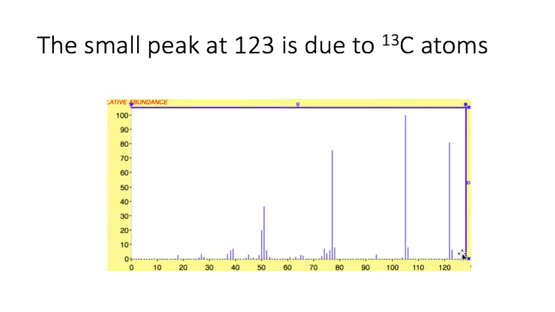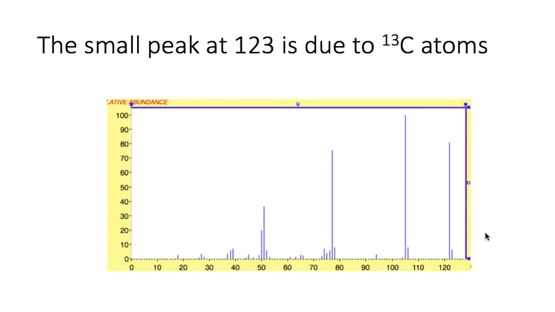This little peak over here is not the parent peak. It is a subsidiary of this peak because some carbon atoms are carbon-13. It's about 1%. If you only had one carbon atom, your odds would be really small that you had a carbon-13, and this would be about 1/100th of the intensity of the height as the other.